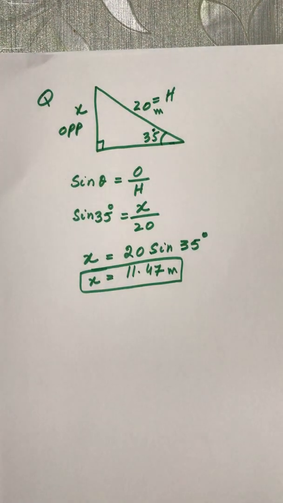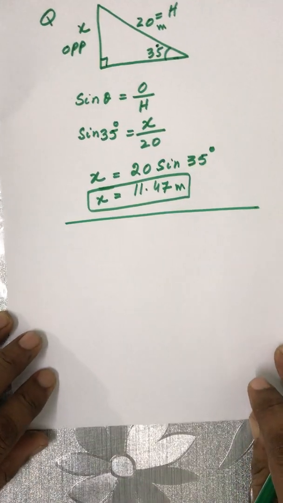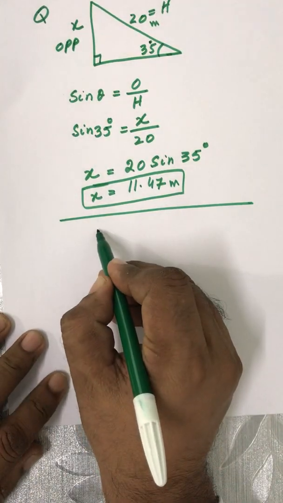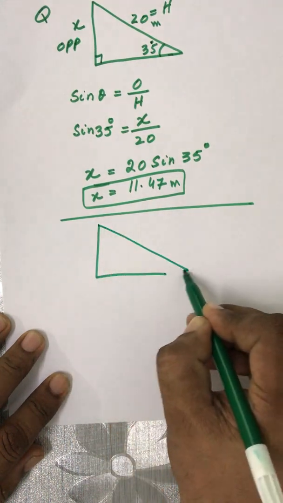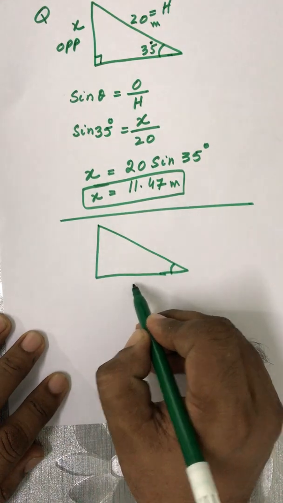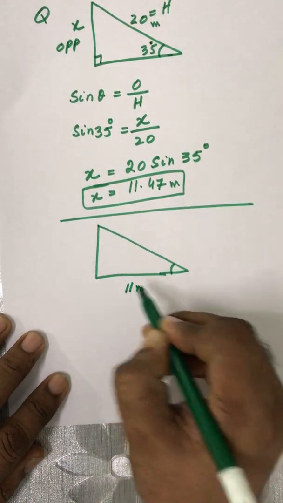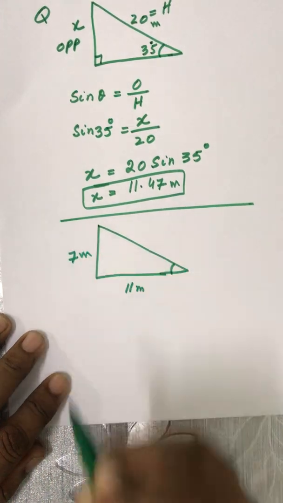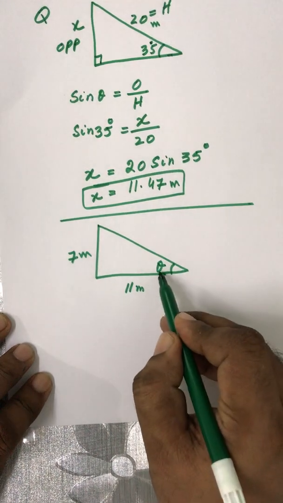Sometimes we have to find an angle. We can have another example: in this triangle this angle is missing, and it's provided that this side is 11 meters and here we have 7 meters. Now this angle is missing. We have to find this angle.